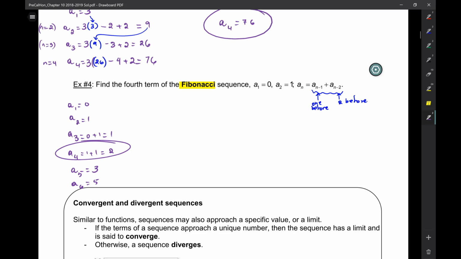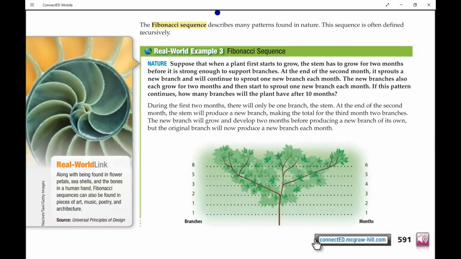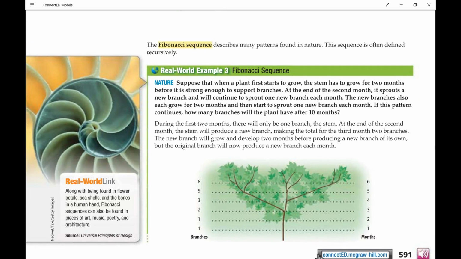Okay, so when you plant a brand new tree, right? First it's got 1 stem, and then at the first level, you have 2 branches. Look, when you plant a new tree, you've got 1 branch.